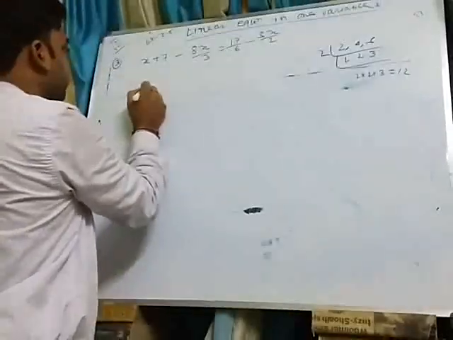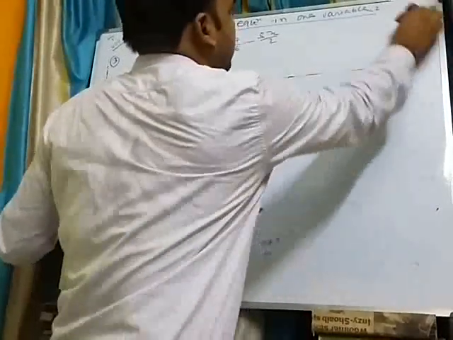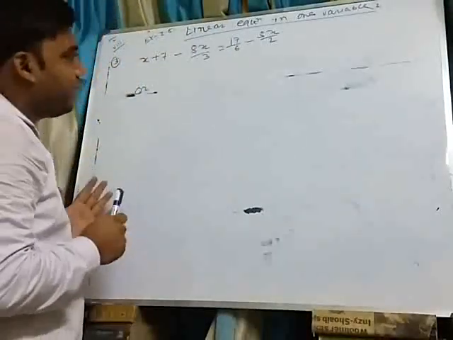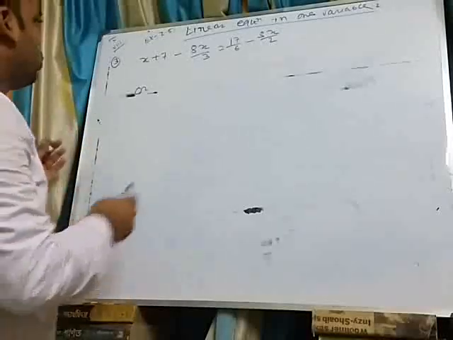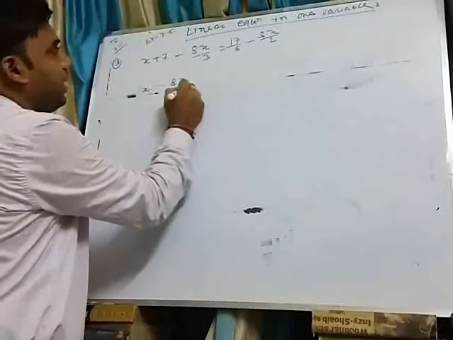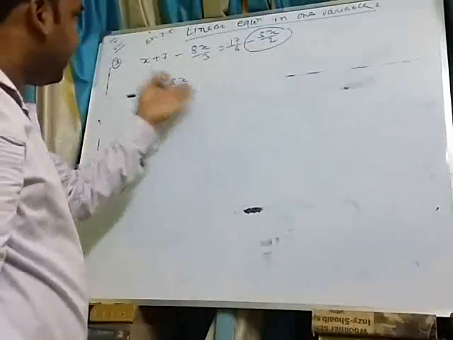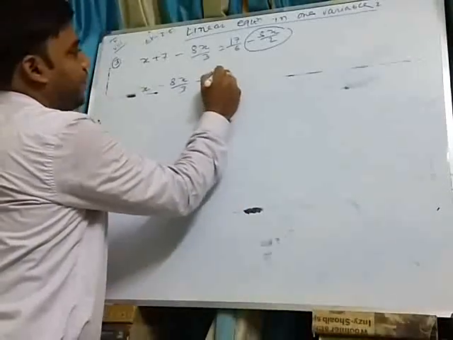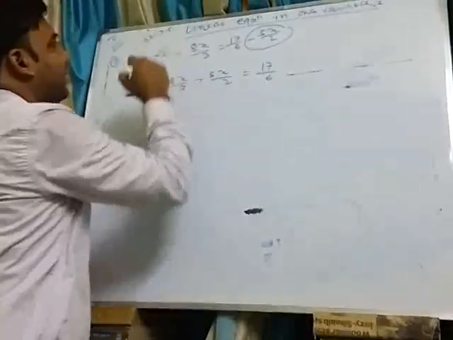As we know, if in the equation both sides have variable, we should bring all the variable terms to the left hand side and all the constant terms to the right hand side. So x minus 8x by 3 is the variable part, and plus 5x by 2 equal to 17 by 6 plus 7.